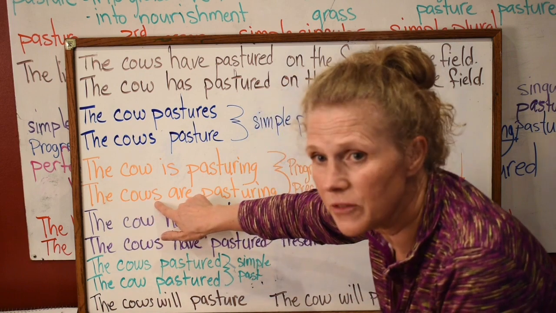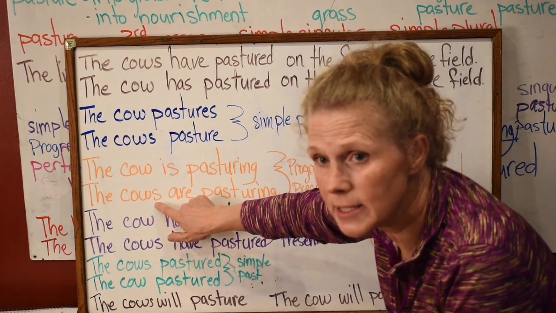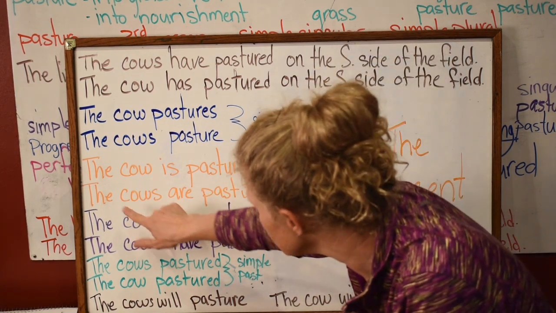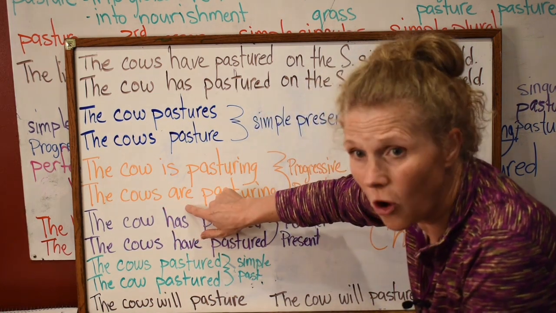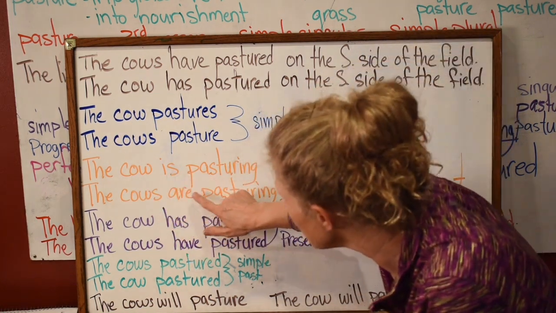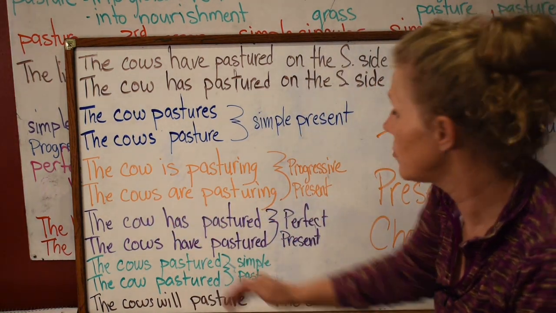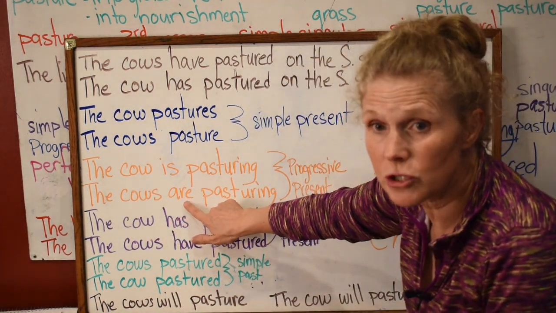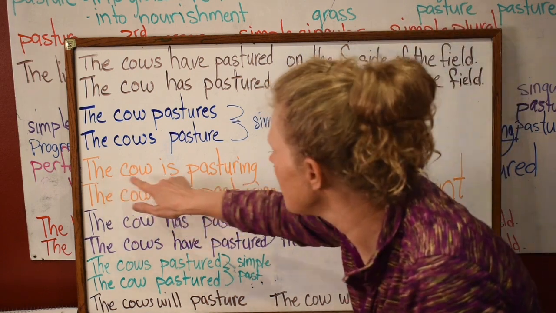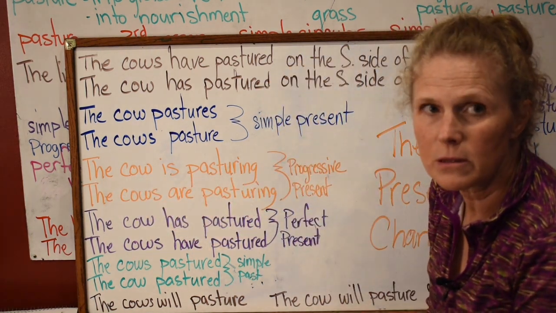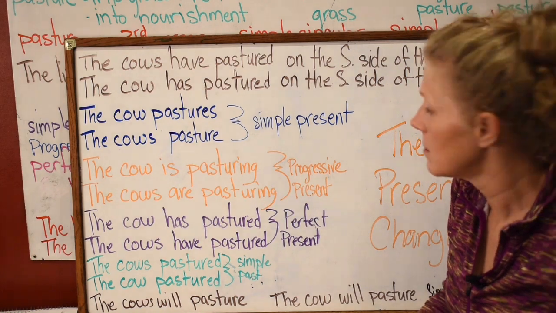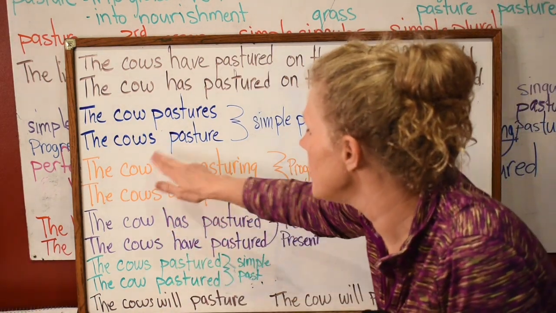So the cows, see how this has your plural S right here? This is your noun, so that means this are is plural. You can't say the cows is pasturing. You have to use the correct auxiliary verb. You can't say the cow are pasturing. It sounds goofy, but so many people mess this up.